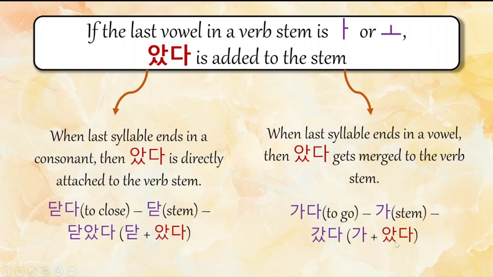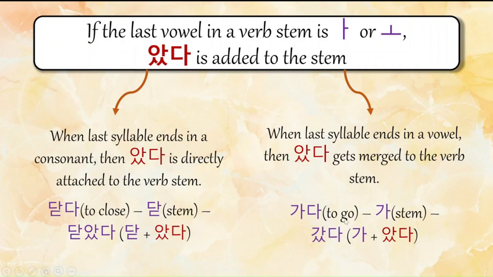Now this atta will get merged with the stem of the verb. So a and a will merge and it will become a. So it will become khata. Okay, होता क्या है कि stem का जो वॉवल है, जो लास्ट वॉवल भी है और स्टेम वॉवल से एंड हो रहा है, तो बेसिकली the stem is ending in a vowel.